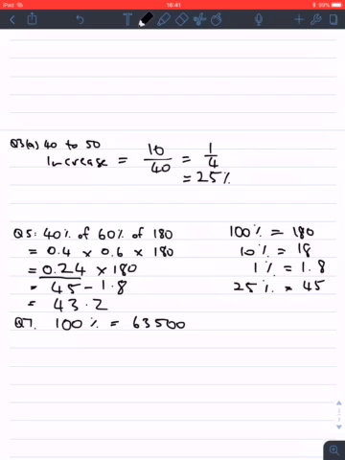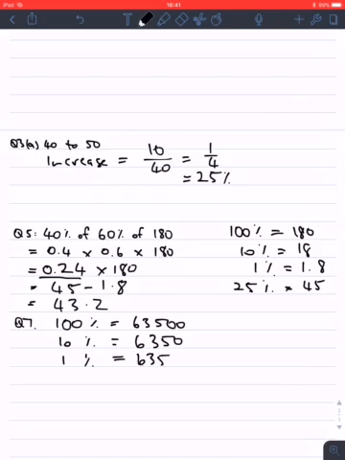So if I want to do 91%, the obvious thing I'm going to find is 10% and 1% first of all. So 10% is equal to that number divided by 10, 6,350, and 1% is equal to 635.